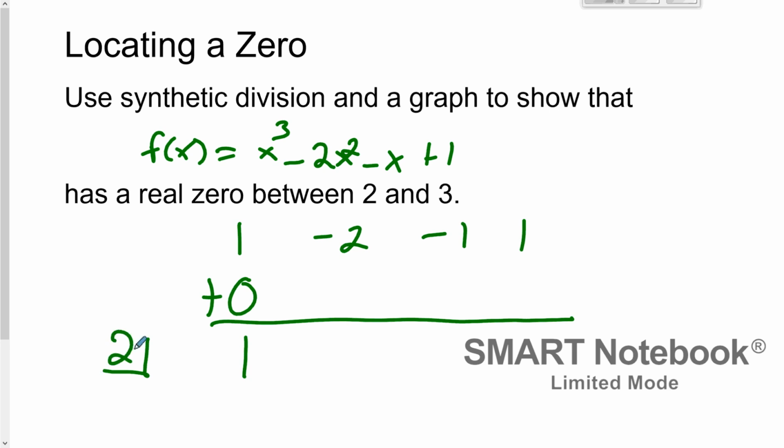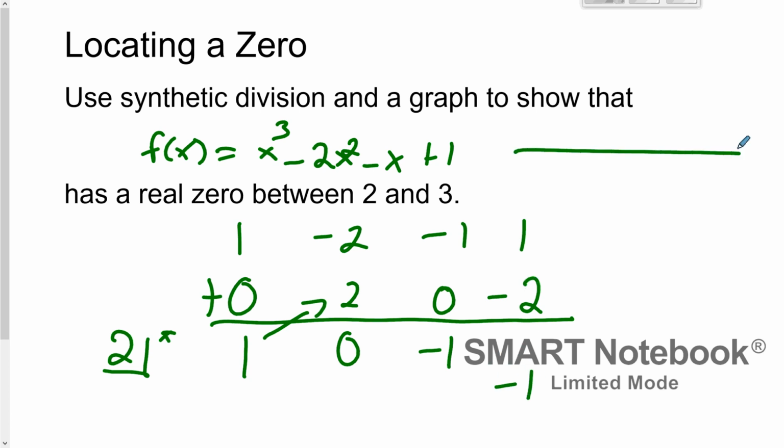We're going to do 2 first. 1 times 2 is 2, minus 2 plus 2 is 0. 2 times 0 is 0, minus 1, and we get negative 2 here, and 1 minus 2 is a negative 1, so that is a negative. So at positive 2, we're down at negative 1. Right, so 2, negative 1.